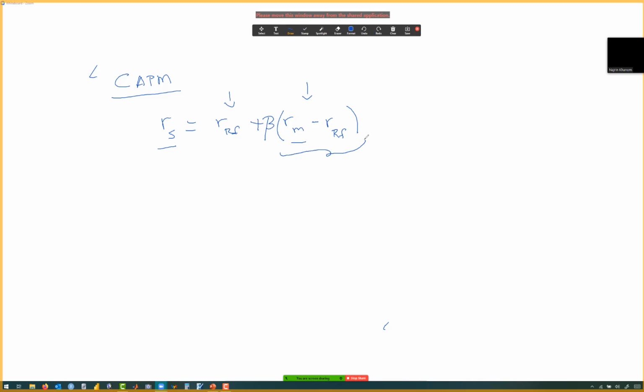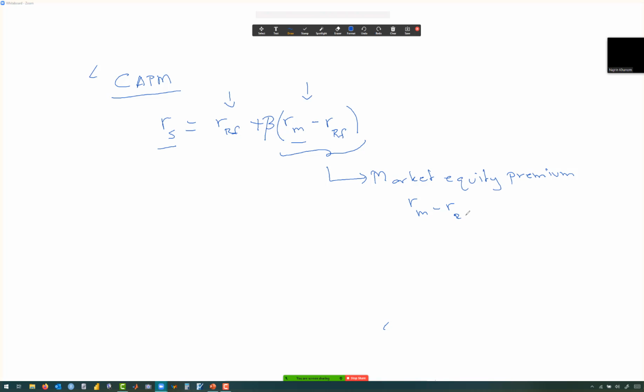This term over here is called the market equity premium. So the market equity premium is this whole term: RM, the market return, minus the risk-free rate, that is your market risk premium.